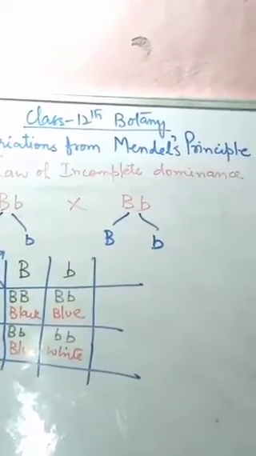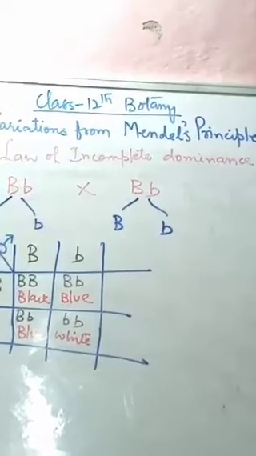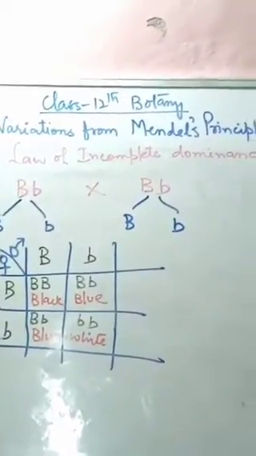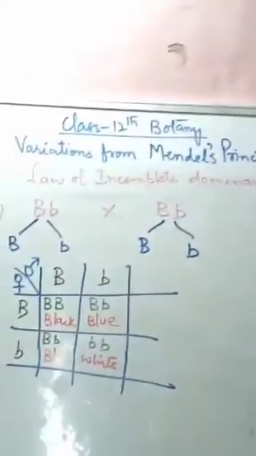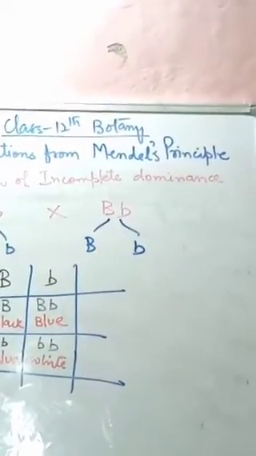Again it will be 1:2:1, whereas in Mendelism we have 3:1. And the genotypic ratio is also 1:2:1. So the phenotypic ratio and genotypic ratio are the same in this law of incomplete dominance.